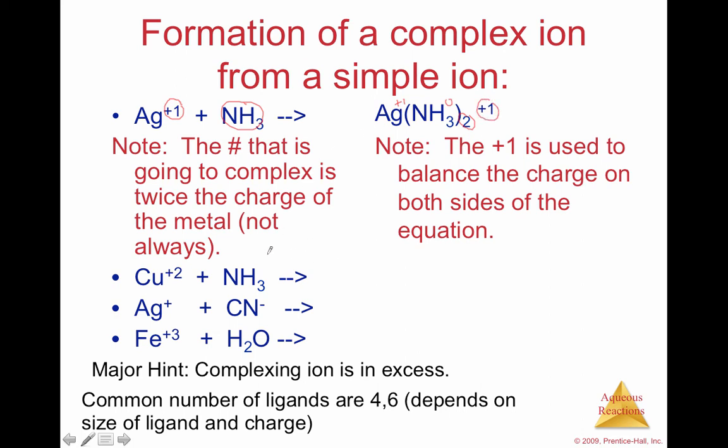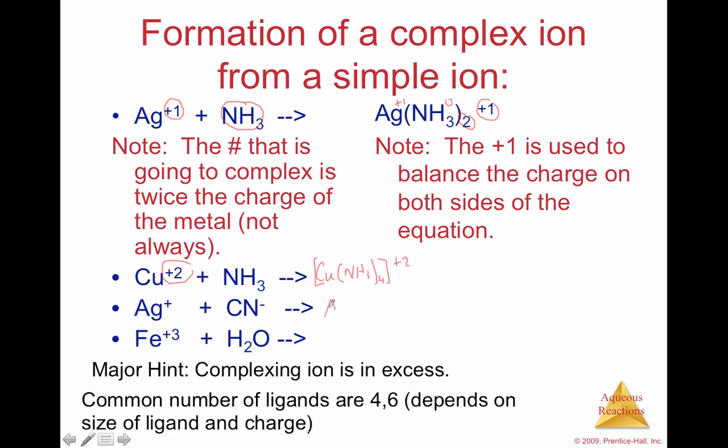Since copper is +2, how many ammonias should we add? Right, double 2 becomes 4. The charge of this whole complex becomes +2 for the copper, 0 for the ammonia, +2 total.